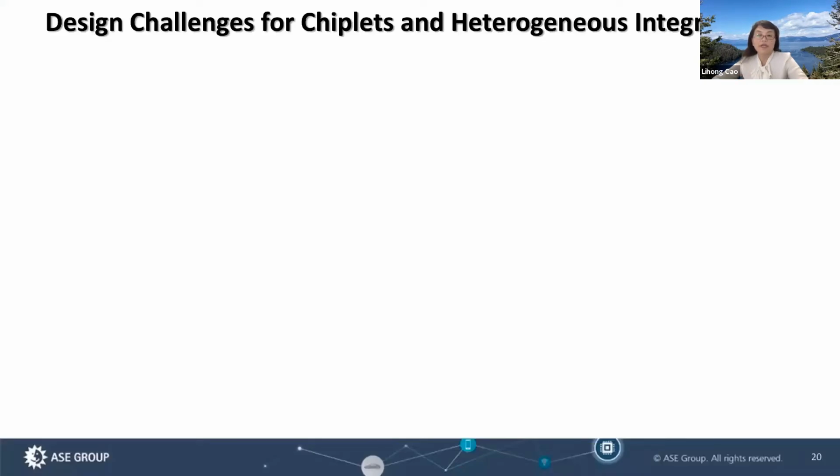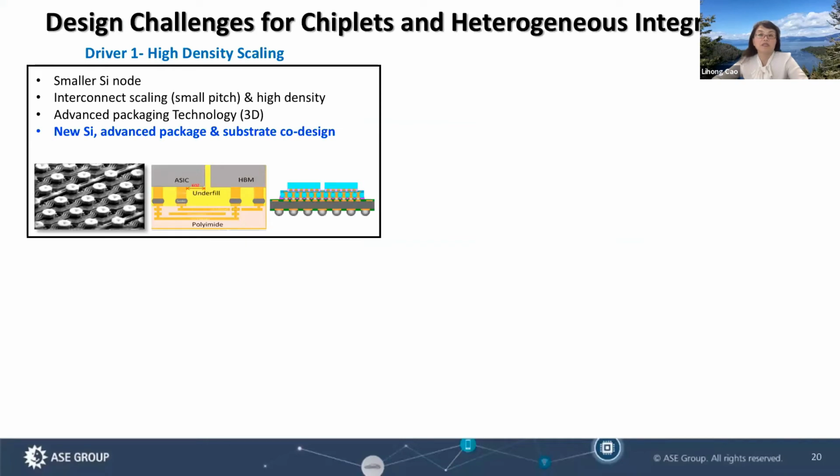You may have heard from previous speakers about the design challenges for chiplet integration due to the complexity requirements. From all sides' perspective, we are facing the same challenges. Here I just highlight some of the key drivers and design challenges.